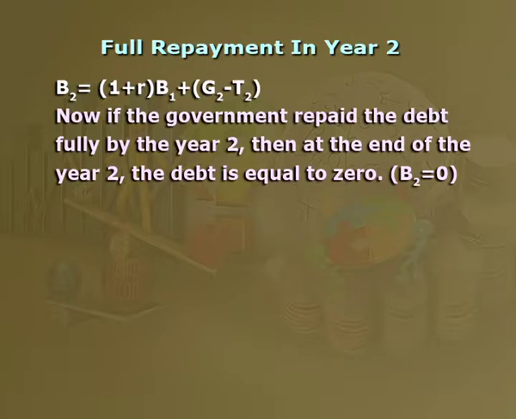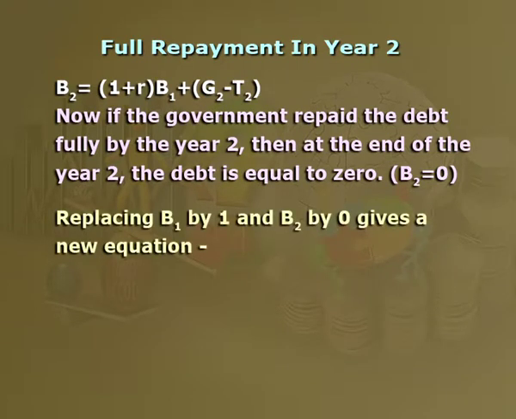The budget constraint for year 2 is given by the equation B2 = (1 + R) × B1 + (G2 − T2). Now, if the government repays the debt fully by year 2, then at the end of year 2 the debt is equal to 0, that is, B2 = 0.